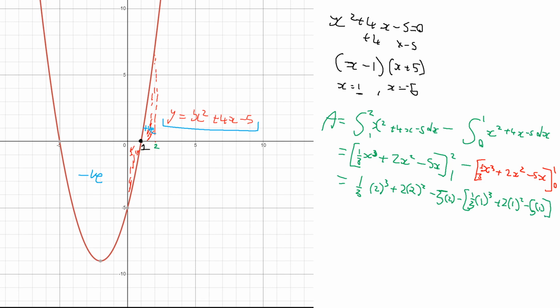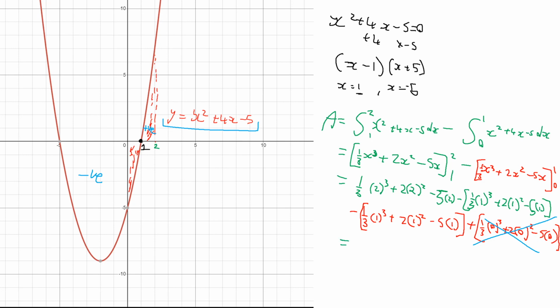And now we're minusing 1/3 times 1 cubed plus 2 times 1 squared minus 5 times 1. And then we're adding 1/3 times 0 plus 2 times 0 minus 5 times 0. And because we can clearly see that that would just be 0, we can eliminate that. So now all that's left is that we need to sub in that integration.